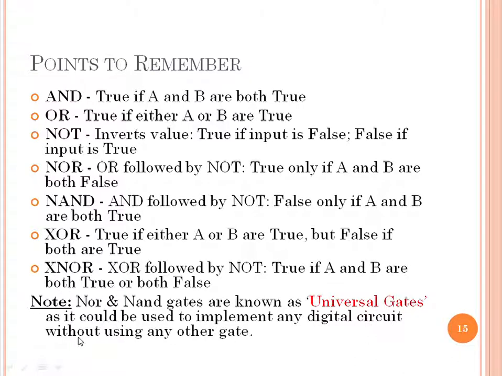They could be used in place of any digital circuit, as the cost behind them is also very low, and it becomes cheaper while using these gates in our circuit, and the overall cost is reduced.